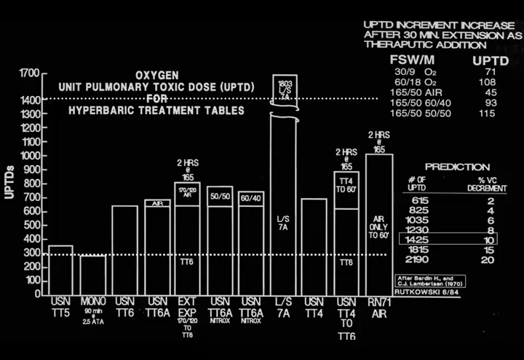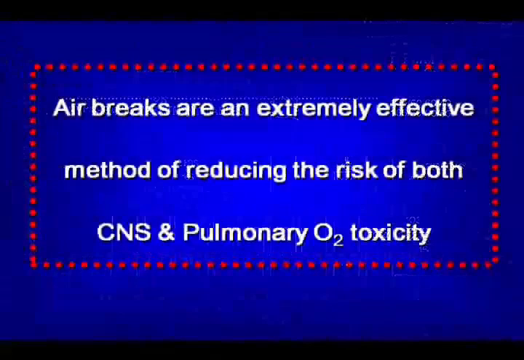Once we exceed approximately 2,200 units, then we approach a 20% reduction of vital capacity, and some of the effects may become irreversible. So clearly the objective is to try and stay within 1,400 UPTDs. How do we do that?